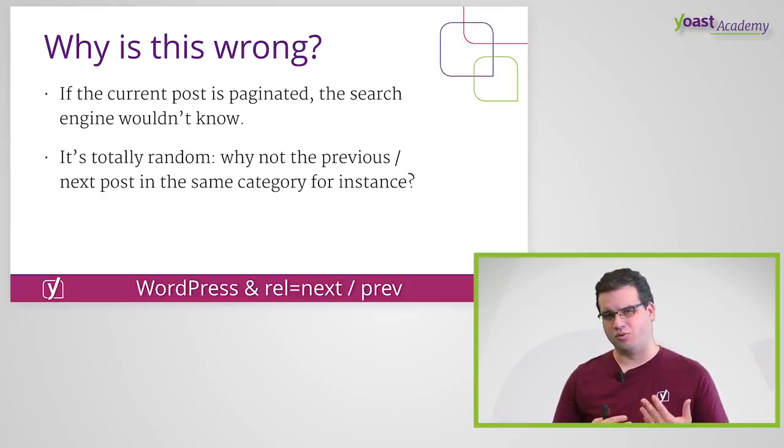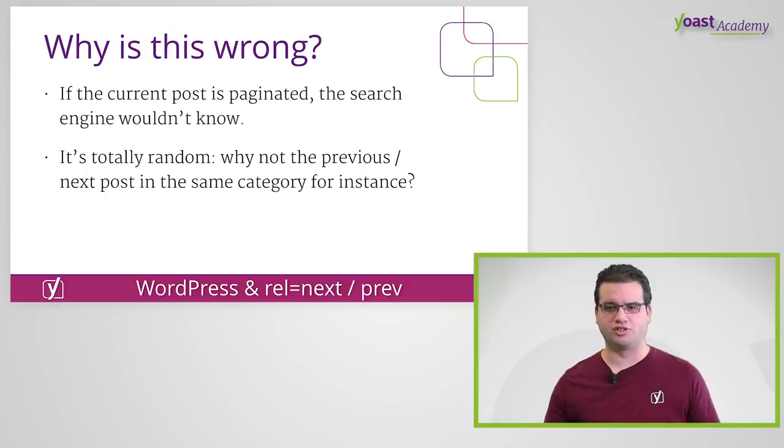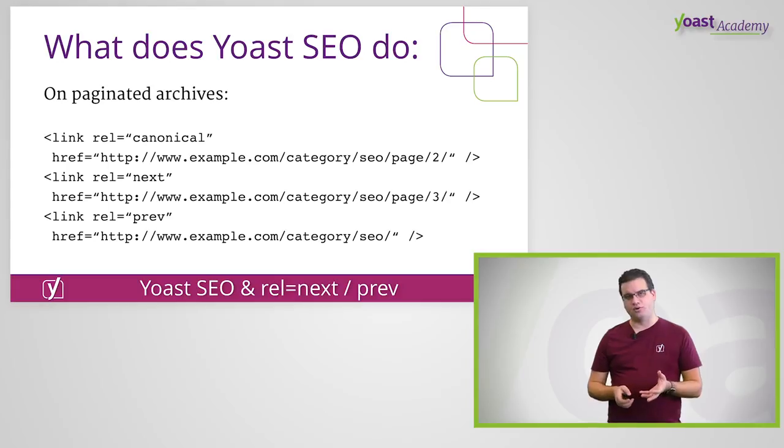What WordPress does, we think, is slightly random. If you post 4 posts a day, are those 4 posts related? Would that really be the next post that you'd want someone to read? I don't think so. We would want to do that based on categories or something else. So we remove what WordPress does by default, and we add our own on paginated archives like I just explained.